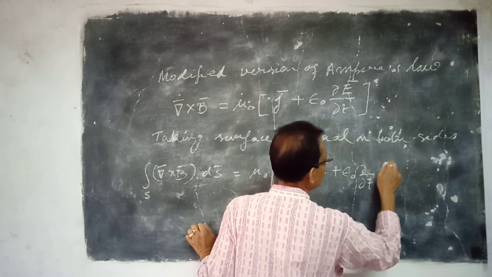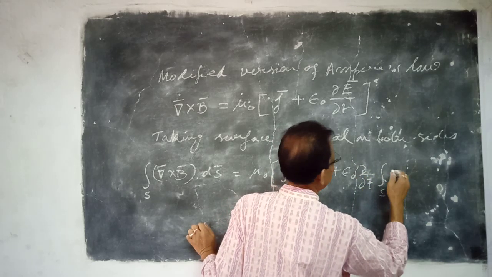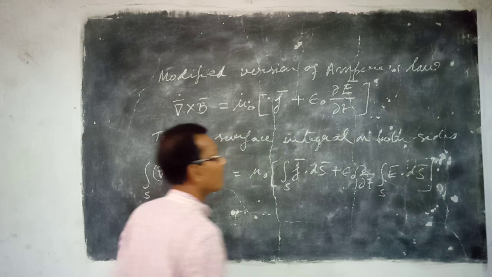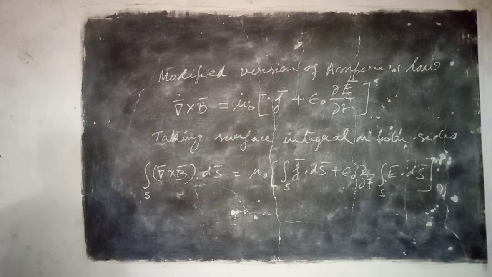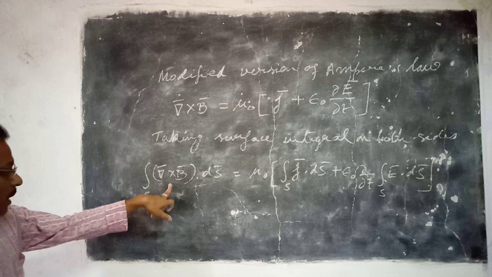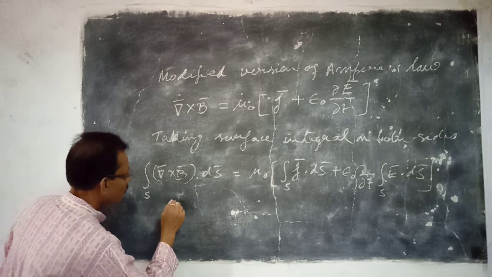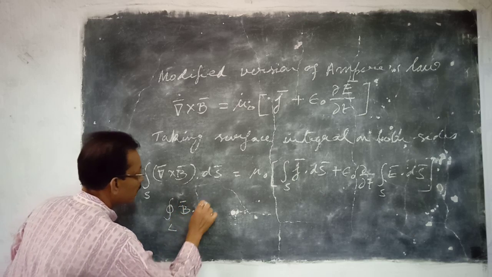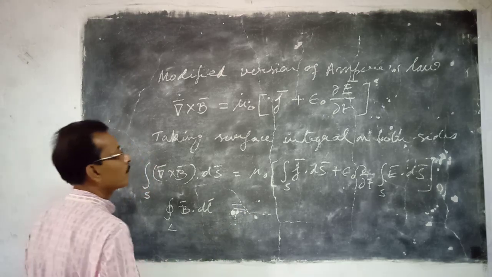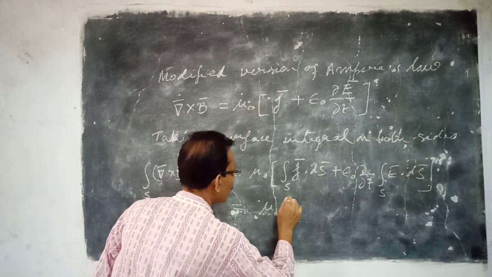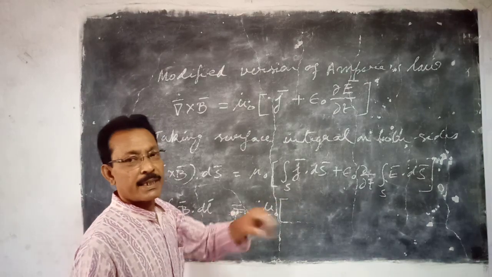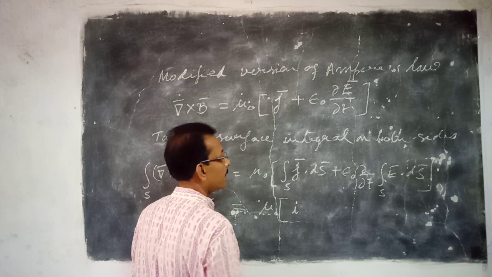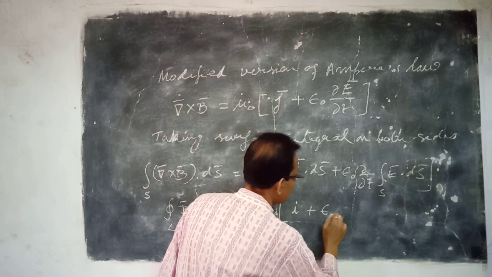Take del del t outside, because it is a surface integral over space, of E dot dS. Now according to Stokes' theorem, the left-hand side becomes the closed line integral of B dot dl, and the right-hand side is mu 0 times J dot dS. What is J dot dS? That is I, the total conduction current in the circuit, plus epsilon 0.